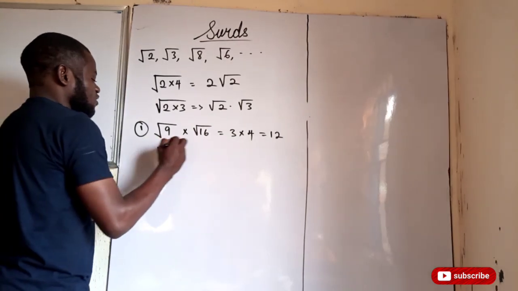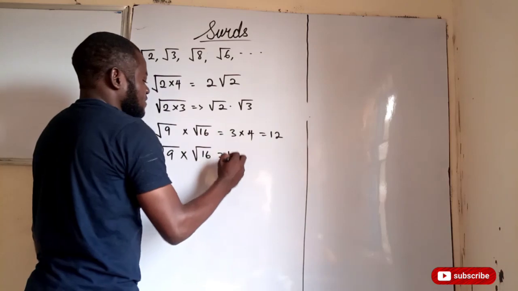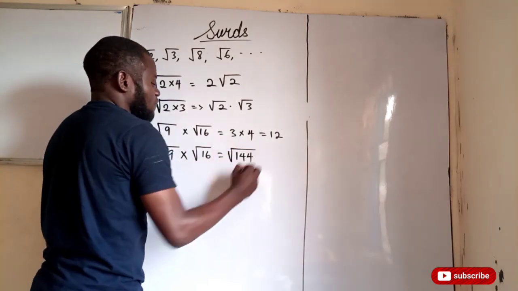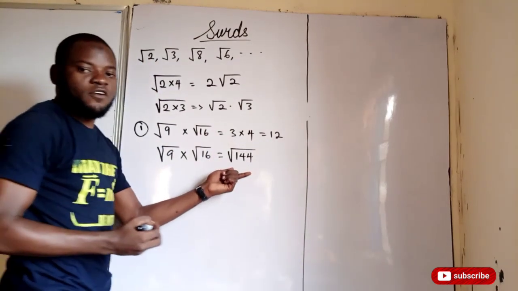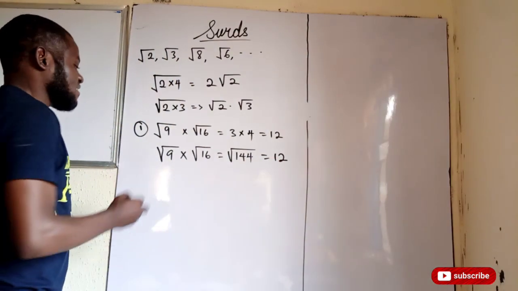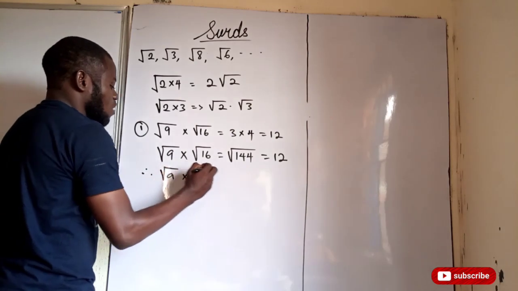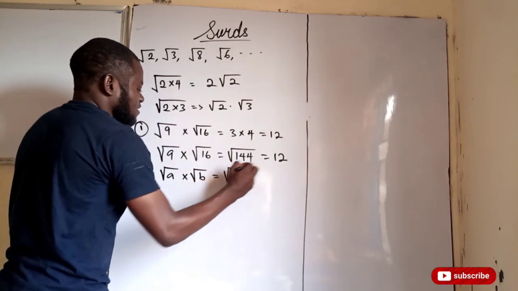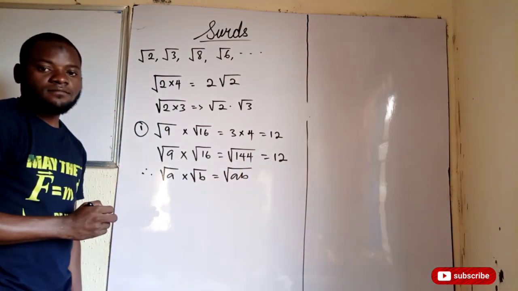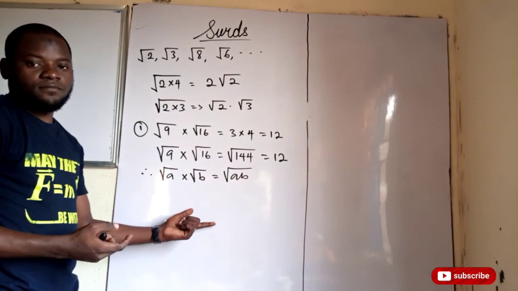Also, I can say the square root of 9 times the square root of 16 is the same thing as saying the square root of 144. So the square root of 144 is giving me what? 12. Hence, I can conclude that the square root of A times the square root of B is the same thing as root AB. This is the first rule of surd.